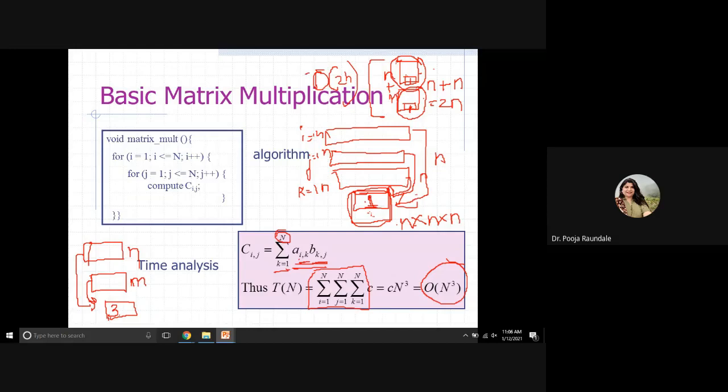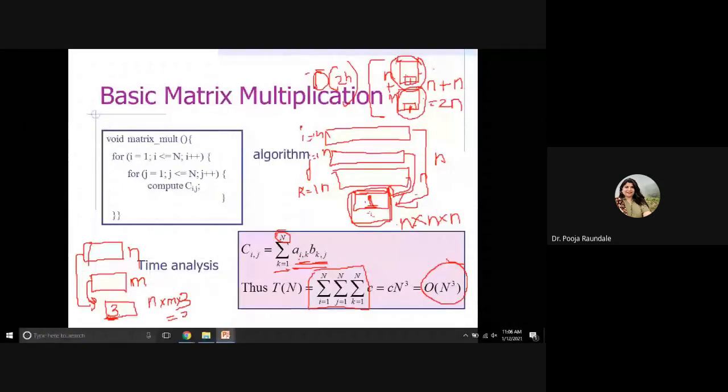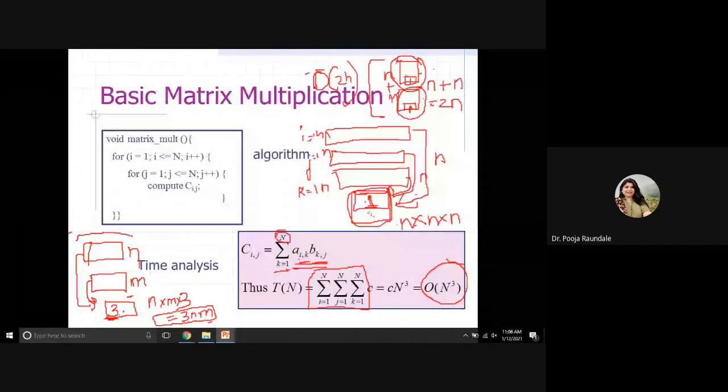Any guess? m into n times. Correct. So n times into m times into 3 instructions, so basically it would be 3nm. So it would be 3nm total instructions run in such a code, where it is one loop of n, another loop of m, and 3 instructions, right?